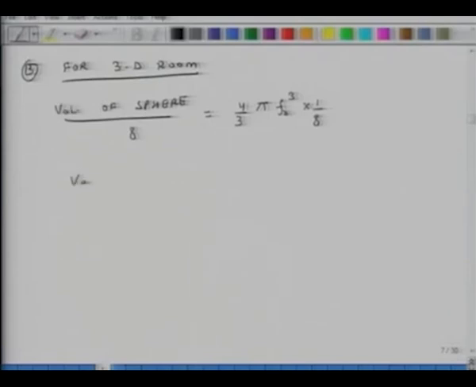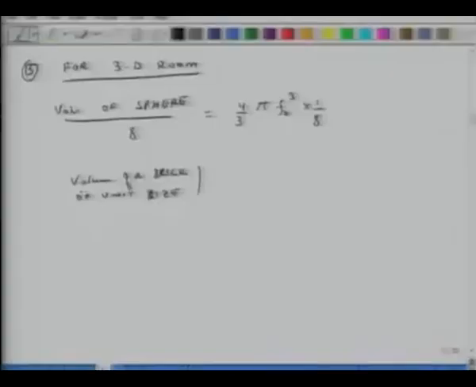And volume of a brick, I can call it, of unit size in that xyz coordinate system where each dimension is c over 2 lx, c over 2 ly, c over 2 lz. This is c over 2 lx times c over 2 ly times c over 2 lz.